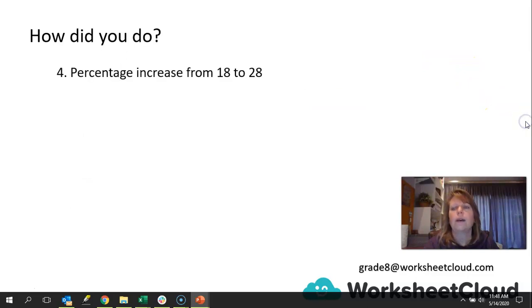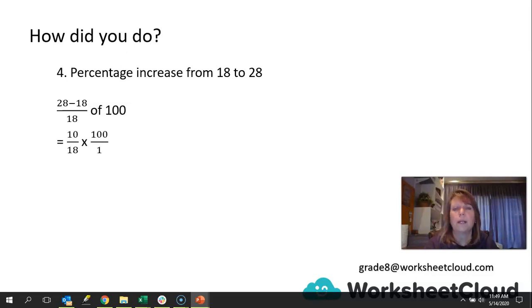Right. Okay, so let's look at number 4, 18 to 28. Well, if you have a look, 18 doubled is going to give me 36. So this is going to be less than 100%. Right, we take our two values. We find the difference. So 28 minus 18. Okay, all over our original amount of 18 and of 100.